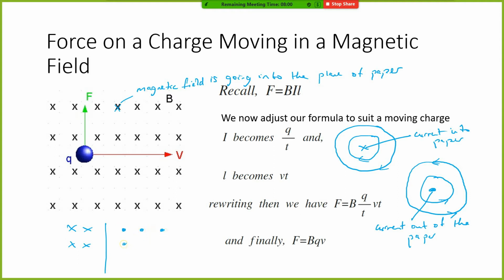Go ahead. One question: if it were dots in the diagram, coming out of the paper, would the arrows be going the other way around? Ask the question again.